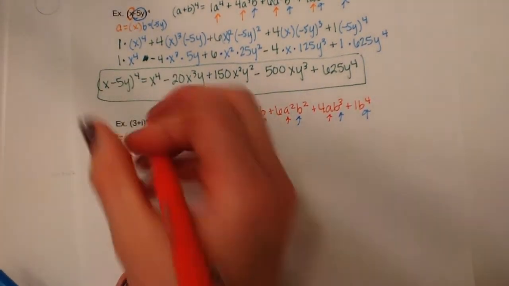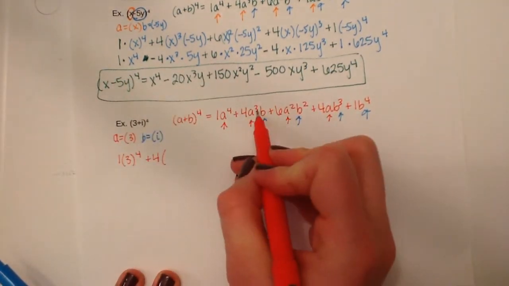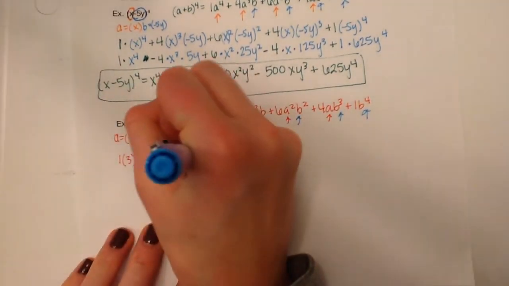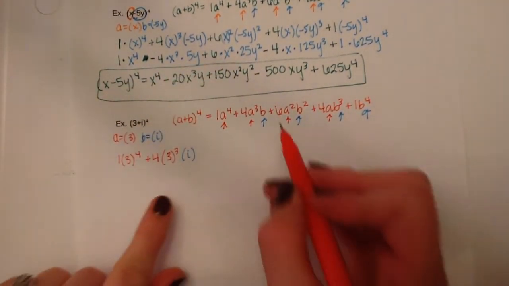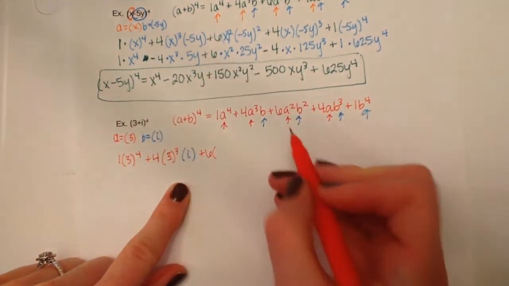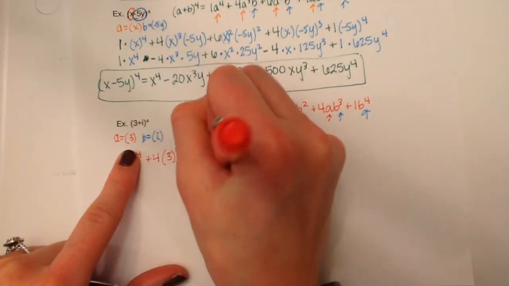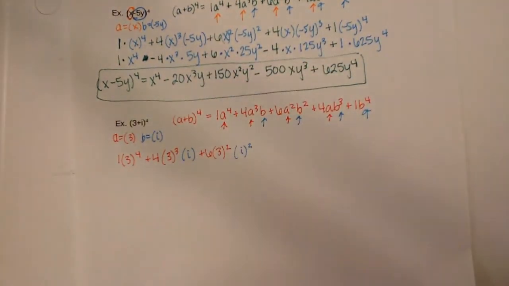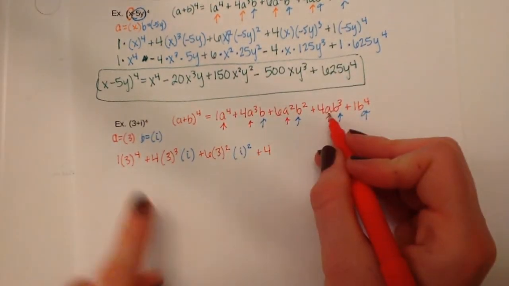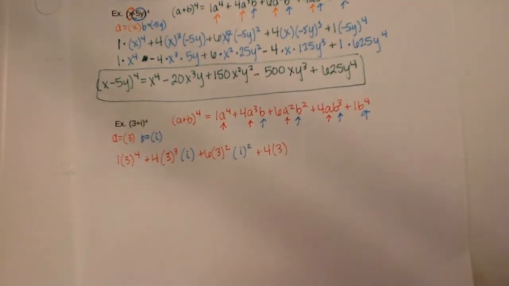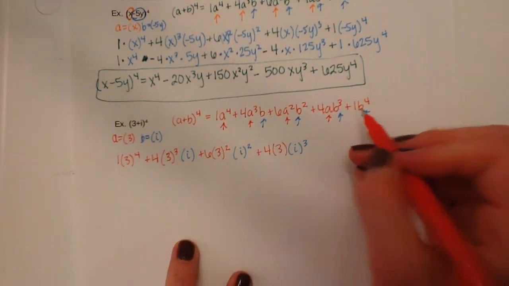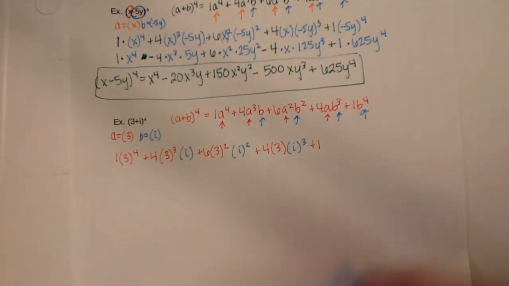And we have plus 4 times a cubed, so 3 cubed, times b, which is i, plus 6 times a squared, so 3 squared, times b squared, which is i squared, plus 4 times a, so times 3, times b cubed, so i cubed, plus 1 times b to the 4th, so i to the 4th.